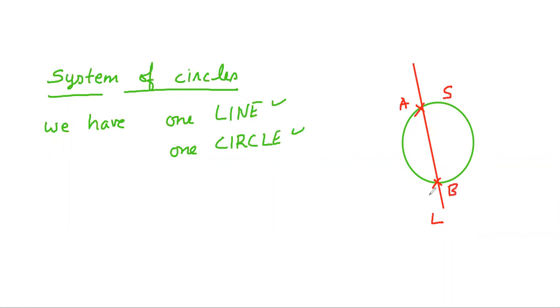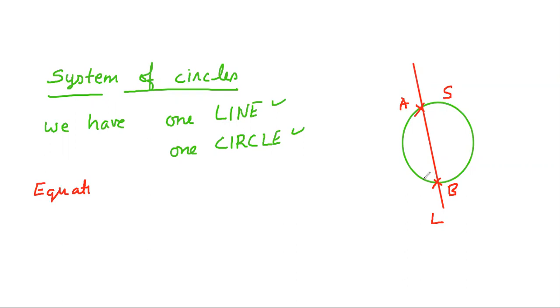So I would like to write the equation of the system of circles that is passing through the points A and B, meaning the intersection of a line and a circle. An infinite number of circles can pass through these two points, because two points are not sufficient to represent a circle.